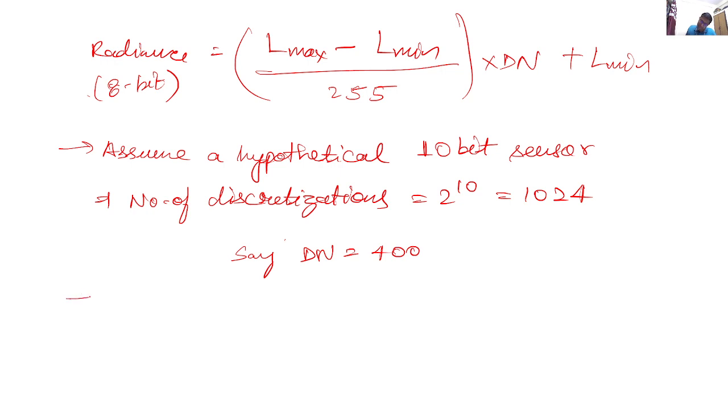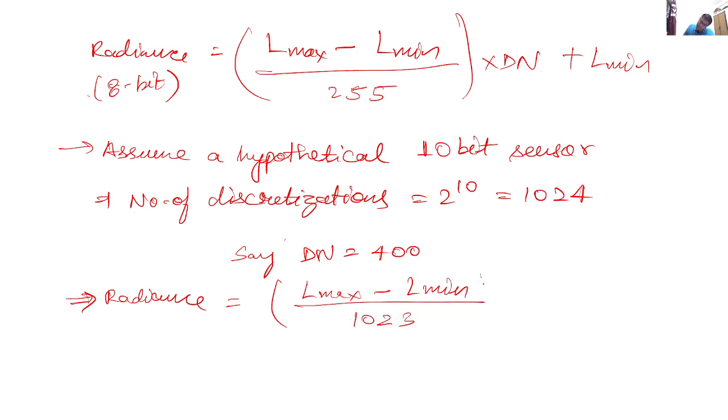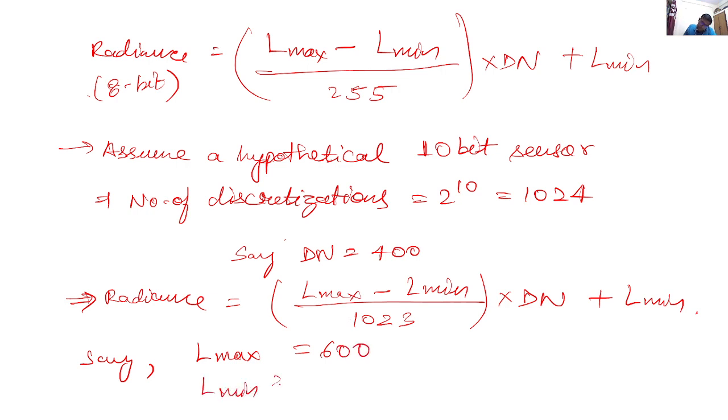So in that case, the radiance would be L max minus L min, divided by 1023, times the DN given, plus L min. Again, assume some values. Let us say L max is 600, L min is 0.63.